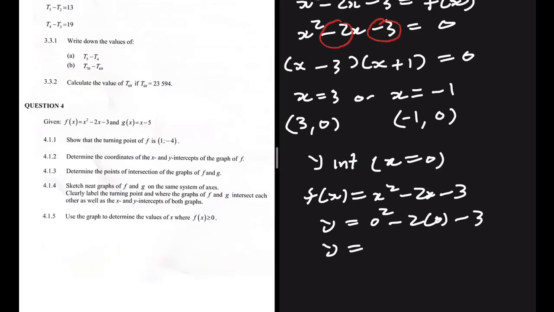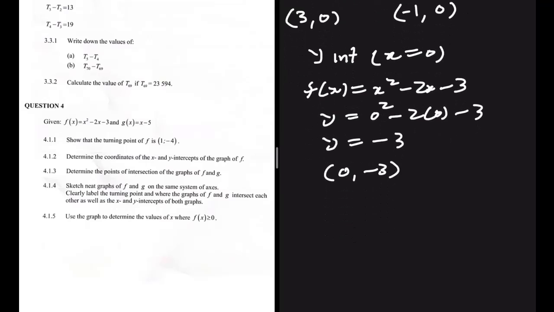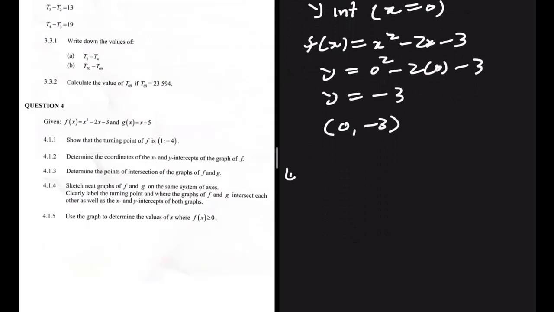So y is equal to minus 3, right? So that is our y-intercept. Now we have all the intercepts that we were required to find. We can go ahead and do 4.1.3. So for 4.1.3, determine the points of intersection of the graphs of f and g.